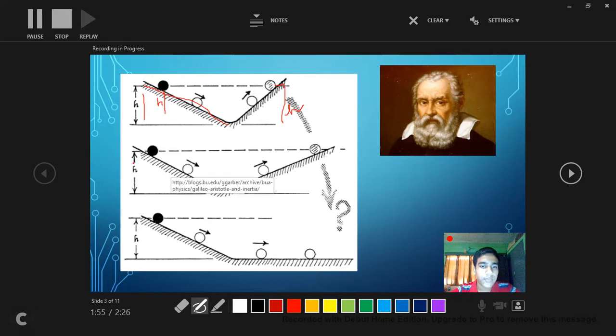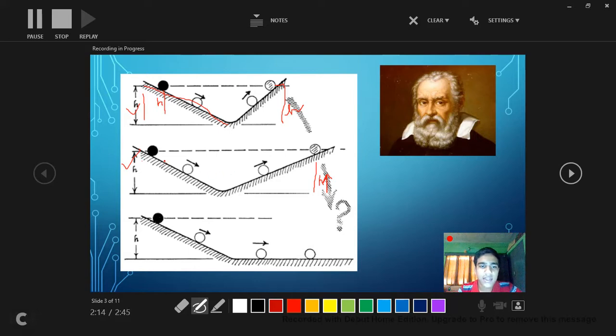Now here, this h and this h are the same, but here the distance is increased.